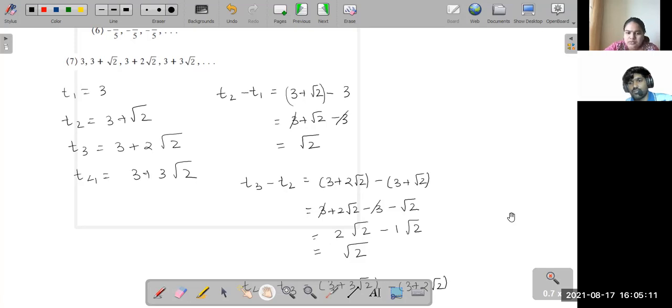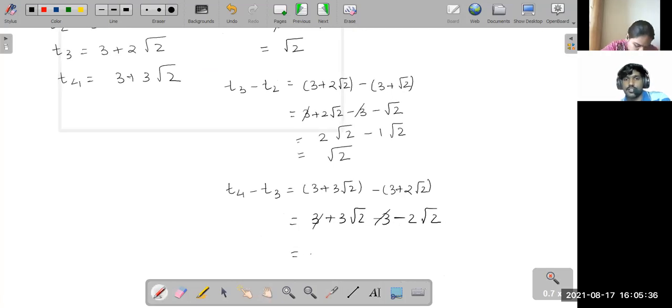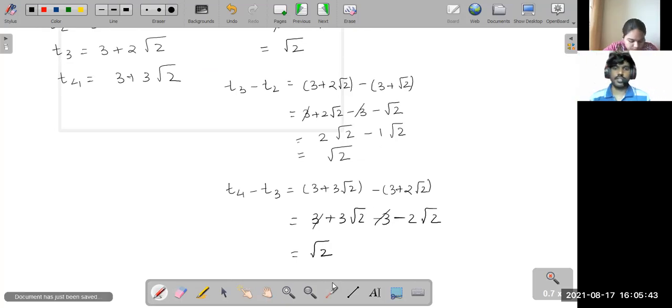Five root two. How 5 root 2? 3 root 2 plus 2 root 2? No, that will become minus, no? When you open the bracket, it will become minus. So 3 plus 3 root 2 minus 3 minus 2 root 2, 3 minus 3 cancel. Root 2. Correct. So all three are same. Common difference D is root 2, and this is an AP.